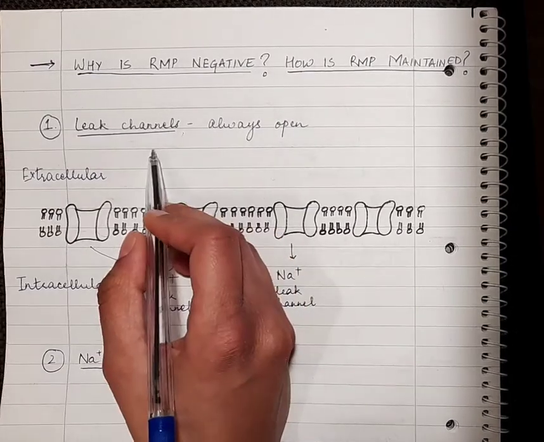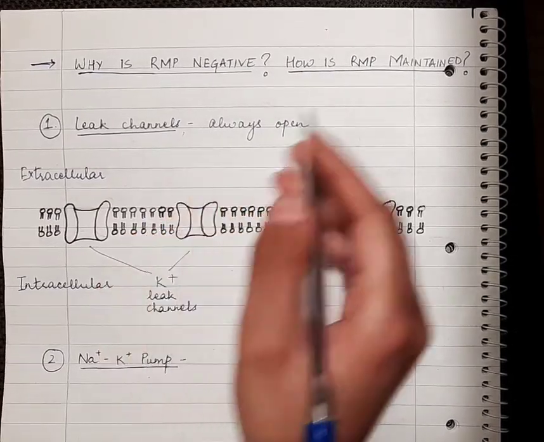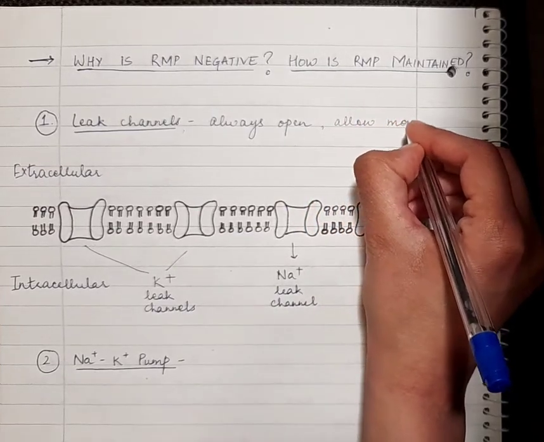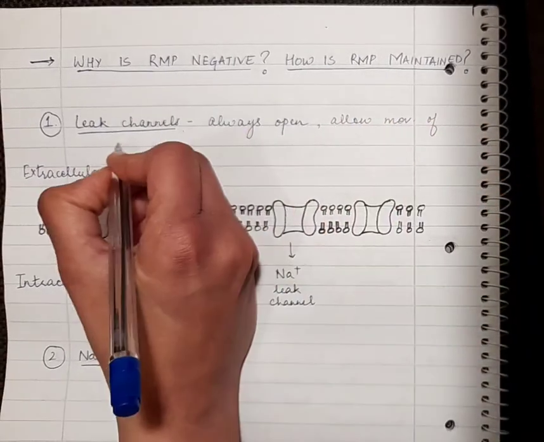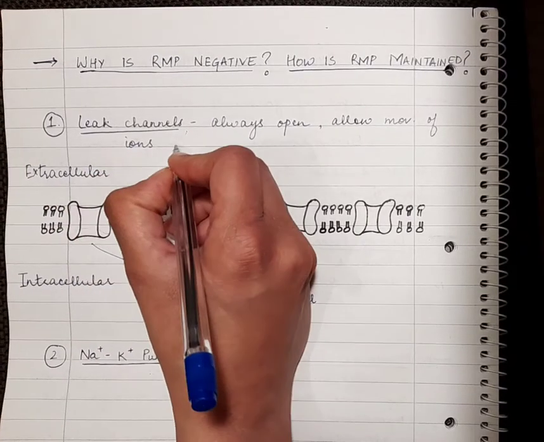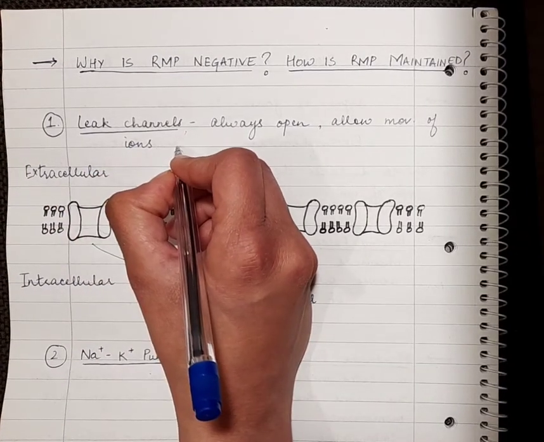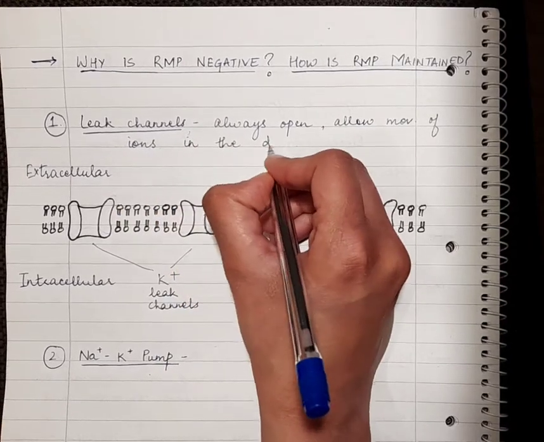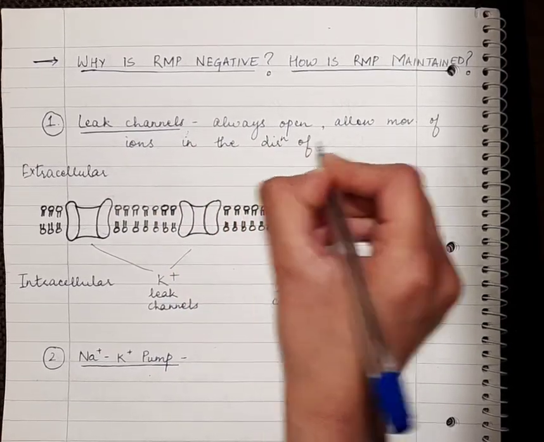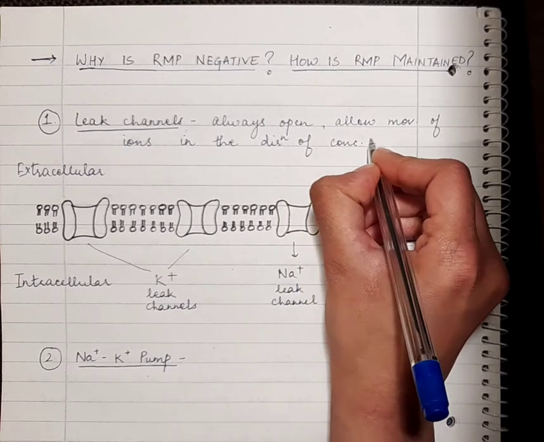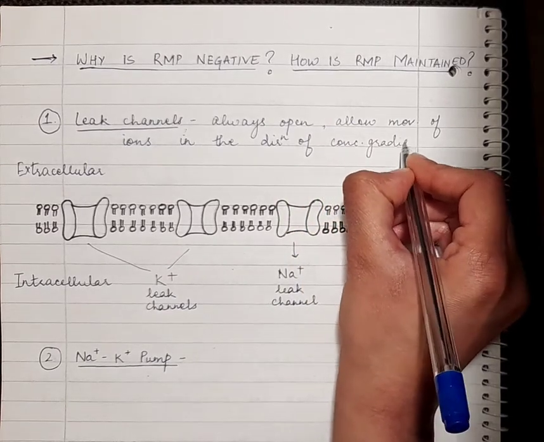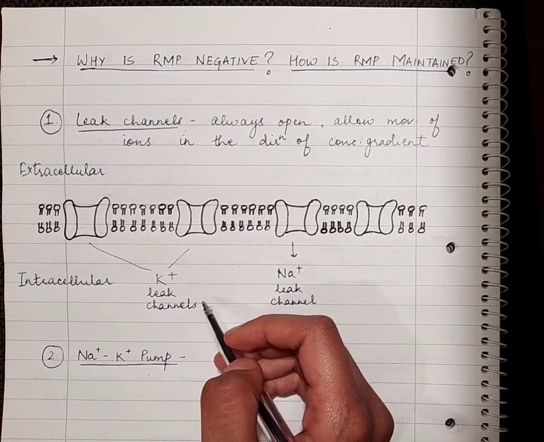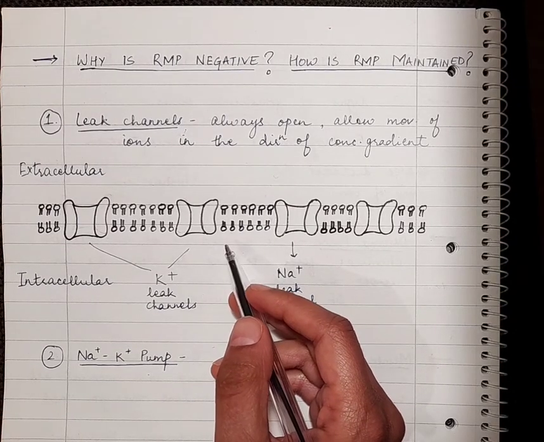And what these leak channels do is that they allow the movement of ions in the direction of the concentration gradient, which means that they allow the ions to move from their higher concentration to their lower concentration.